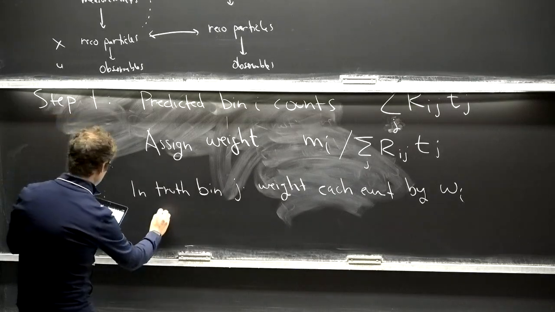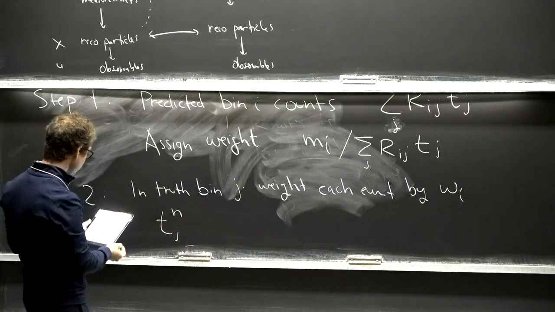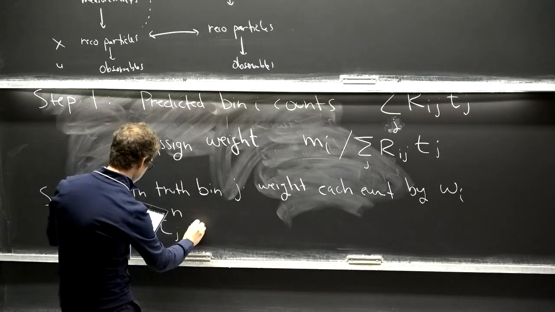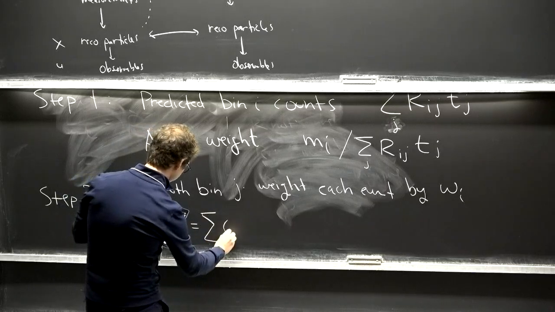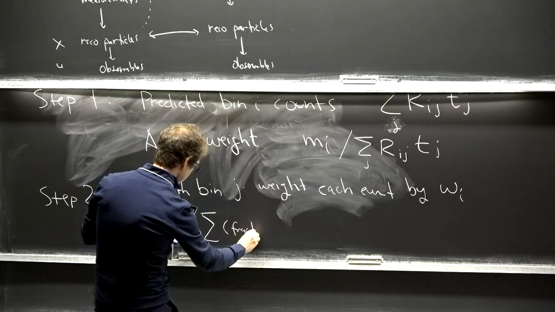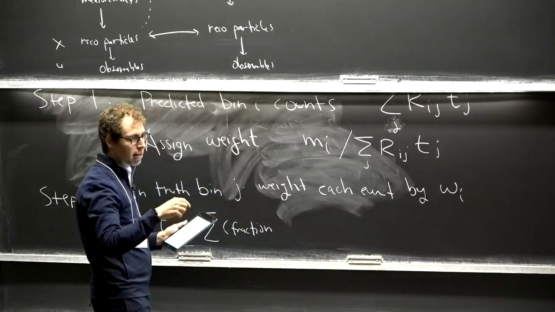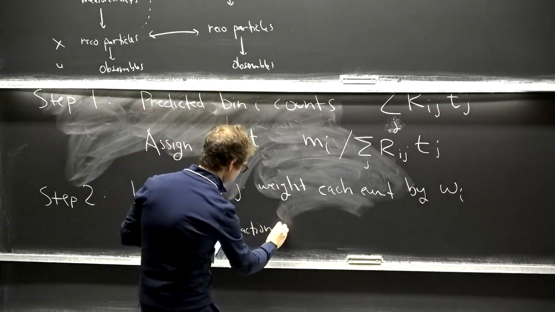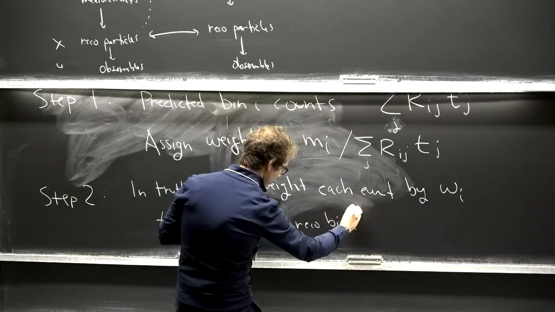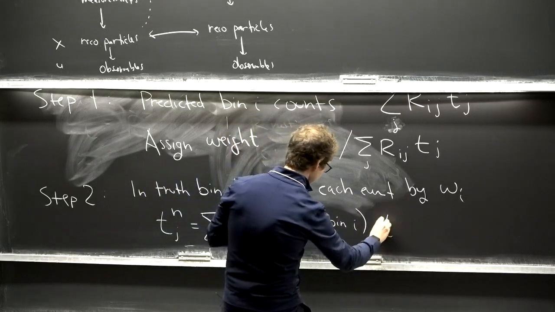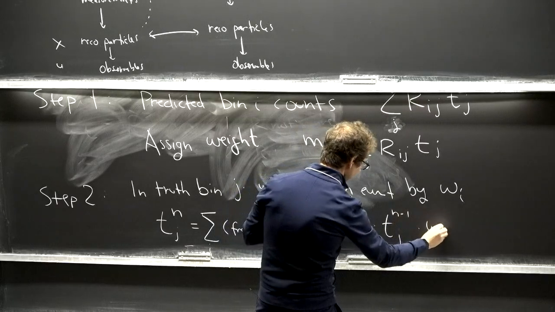And so this would mean that my new particle level prediction would be the fraction of truth events that landed in Rico bin I times the total number of truth times the weight.